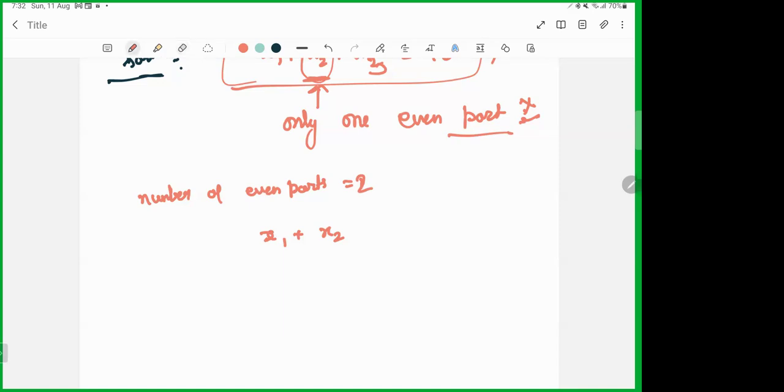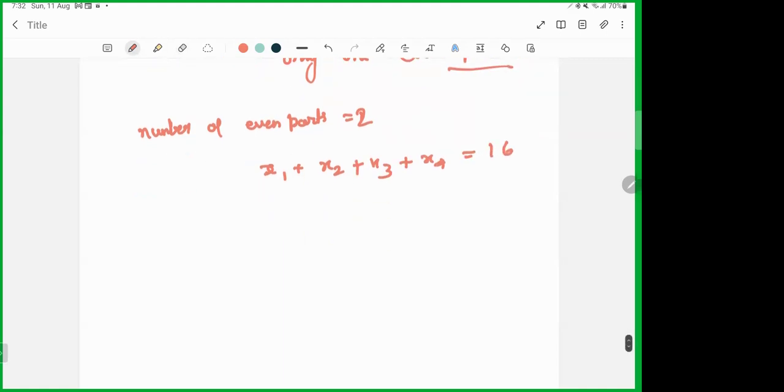How many solutions does this have? You know already, it was done in class I guess: n minus 1 choose k minus 1. Here n is 16, so 16 minus 1 choose 4 minus 1, which is 15 choose 3.